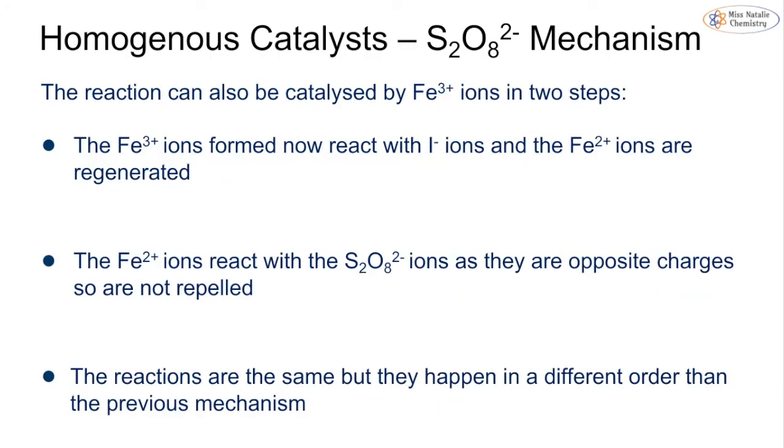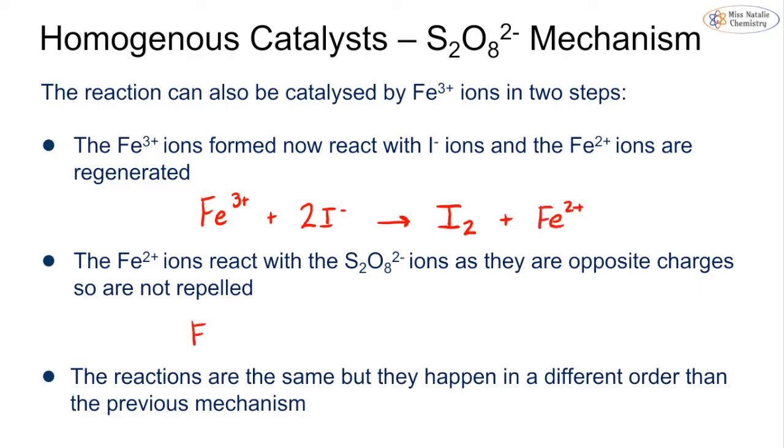Now the reaction can also be catalyzed by Fe3+ in 2 steps. The only thing that happens in comparison to the last one is that they're just reversed in terms of the 2 reactions. So we have the Fe3+ firstly reacting with the iodide as opposed to the persulfate as it did in the last example. And that makes our first product of iodine plus Fe2+.